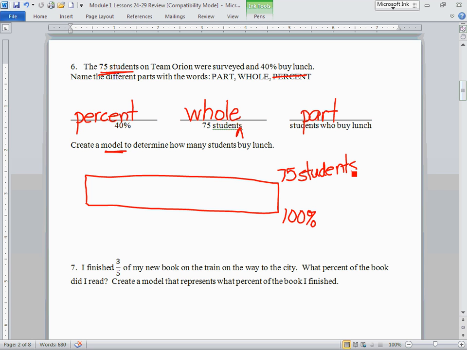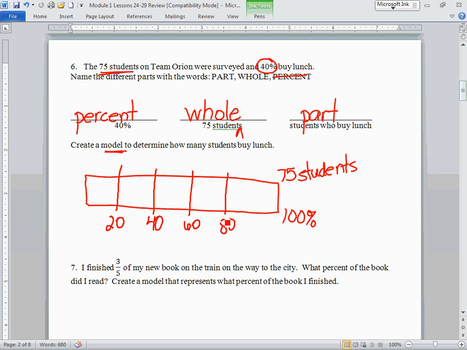So now the other piece of information I have is 40%. So am I going to put the 40 on the bottom or the top? The bottom. So let's cut this off. 20%. There's my 40%, 60%, and 80%.